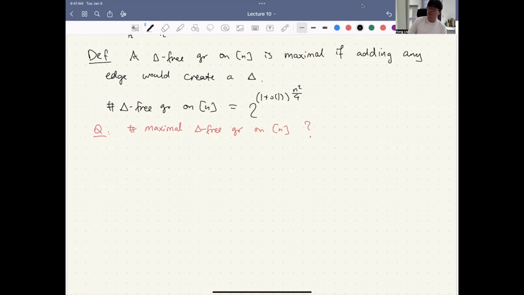Here, let me first give you a construction. Still, they are exponential in n squared over some constant, meaning maximal ones. So how can we generate many? Let me first give you a lower bound: the number of maximal ones is at least 2 to the, instead of n squared over 4, we can get at least n squared over 8.